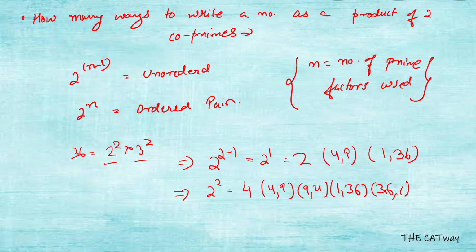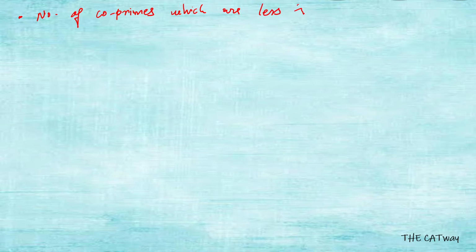Okay, now let's move to the other formula. The other formula is the number of co-primes which are less than n and are co-prime to n.